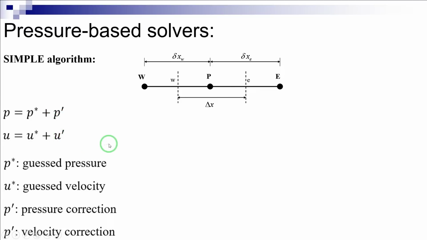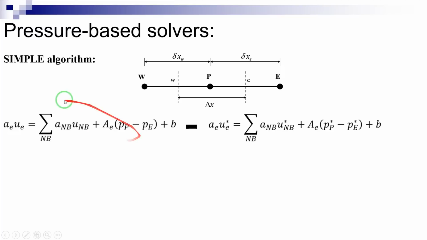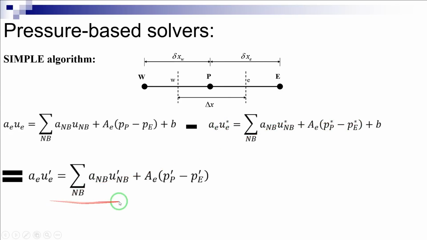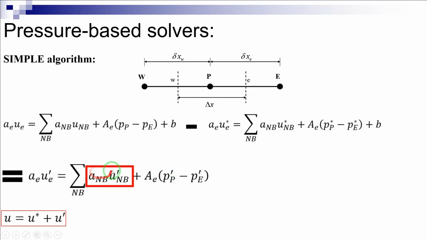If we subtract the discretized form of the momentum equation from the discretized form of the momentum equation in which the guessed pressure and velocity fields are used, we obtain the following equation which relates the velocity and pressure corrections. This equation can be simplified by ignoring this term.